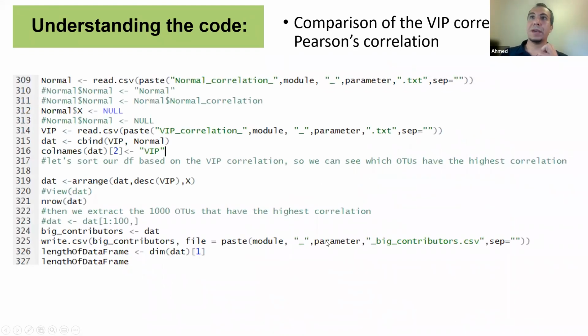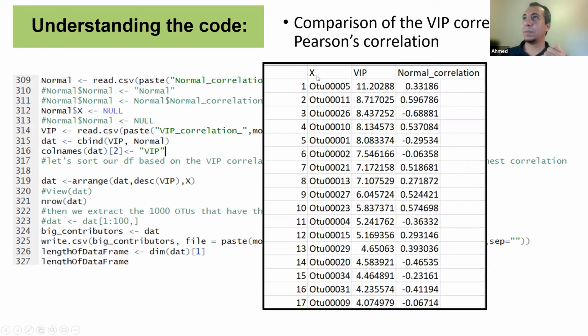The other thing is to compare the VIP scores to the Pearson correlation. Again, this bunch of lines is just collecting the data and putting it into a single table. Nothing really specific here. You end up having a table like this, which is basically the OTUs ranked based on their VIP score and their normal correlation. This is a clear example of where I said you can have a really high VIP score but very low correlation.